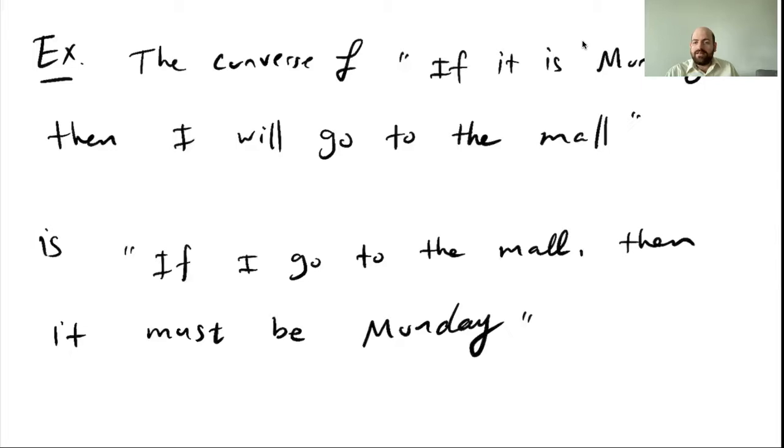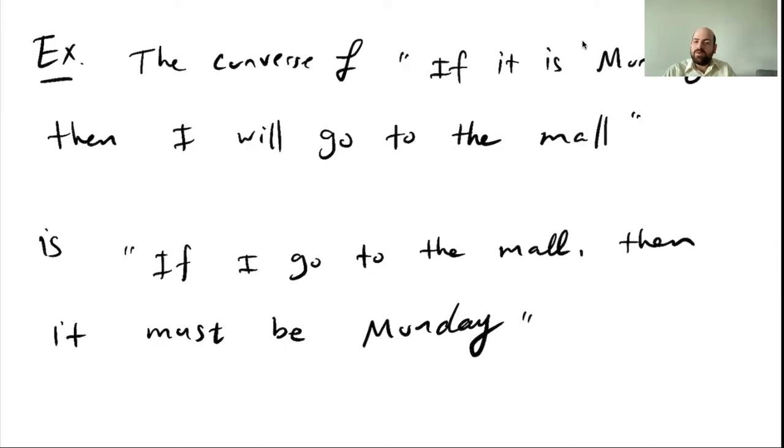No, because I didn't say anything about the rest of my schedule, right? Let's say, for example, my schedule could be in a way that on Mondays and Thursdays I don't have any class to teach, and therefore I go to the mall. So yes, it's true that on Mondays I'll go to the mall, but also on Thursdays I go to the mall. Therefore, I cannot say that if I go to the mall, then it has to be Monday. That will not be true.